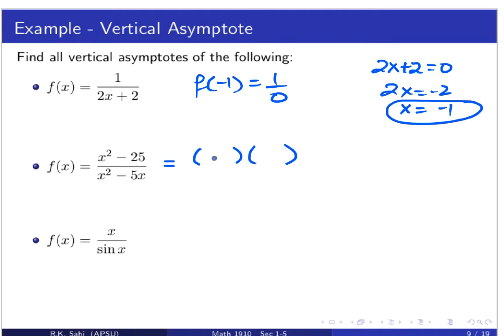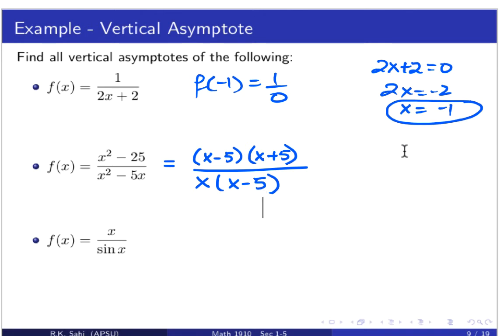Now, x squared minus 25, if you remember the difference of squares, is x minus 5 and x plus 5. Okay? And in the denominator, we have x common and x minus 5. Now, according to the denominator, the function will be undefined where x equals 0 and where x minus 5 is 0, so x equals 5.